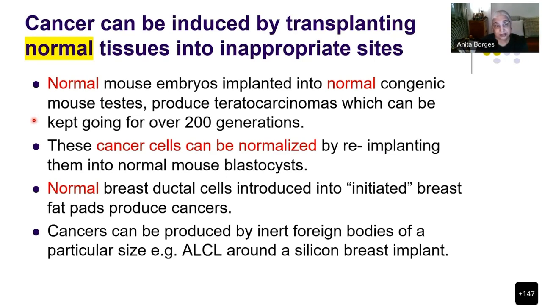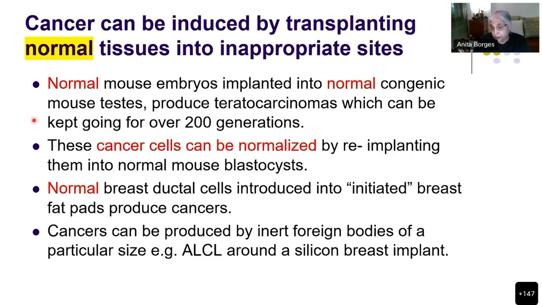Okay. And if you think that this is only happening in animals, I think we are seeing it in human beings. Cancers are being produced by inert foreign bodies at a particular site. You know that ALCLs are now very well known at the site of a silicone breast implant.